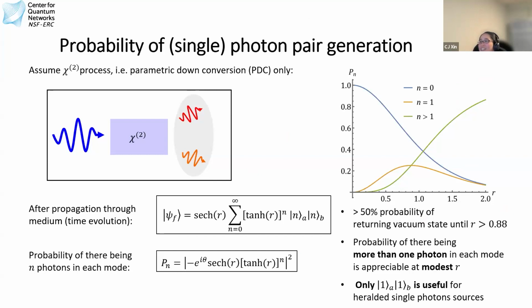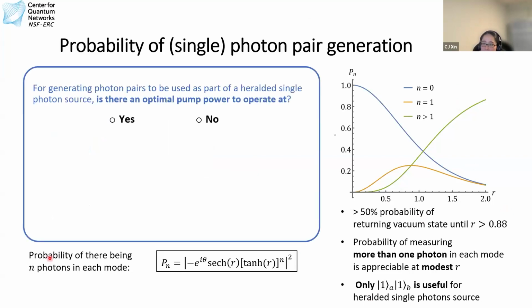So now after all this about the probabilistic single photon source, I have another question for you. It's a little bit of a two-parter. The first part is, for generating photon pairs to be used as heralded single photons, is there an optimal pump power to operate at?